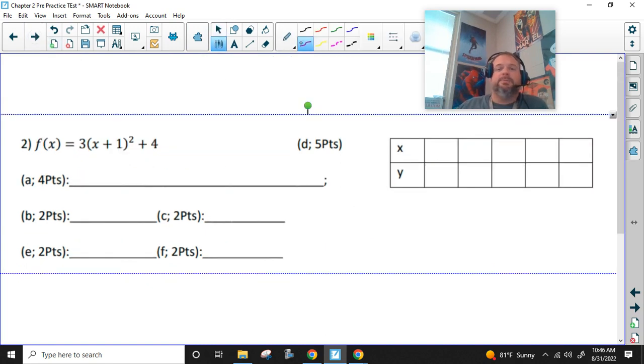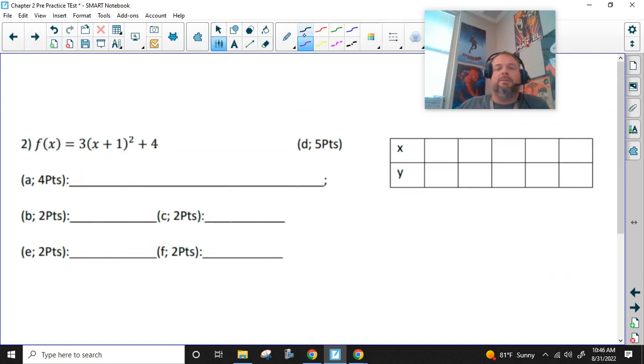Number 2. All right. So our A is 3. So we have a stretch of 3. That also means that our max is infinity and our vertex and min will be the same.